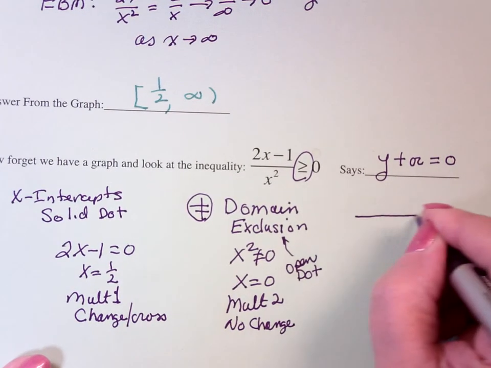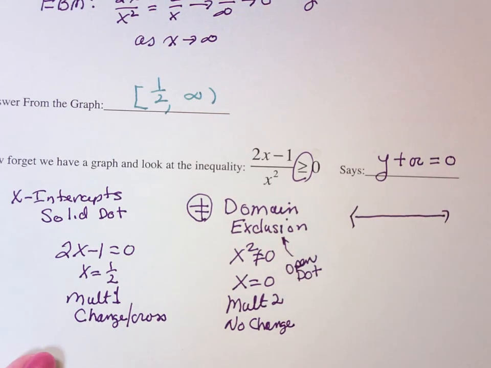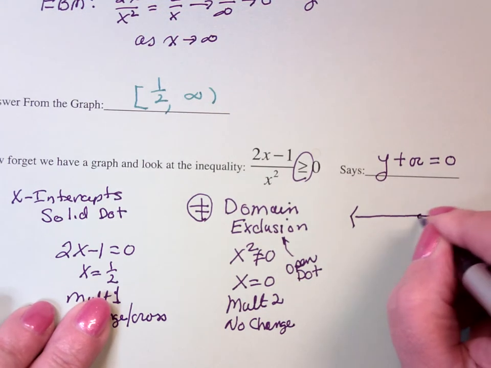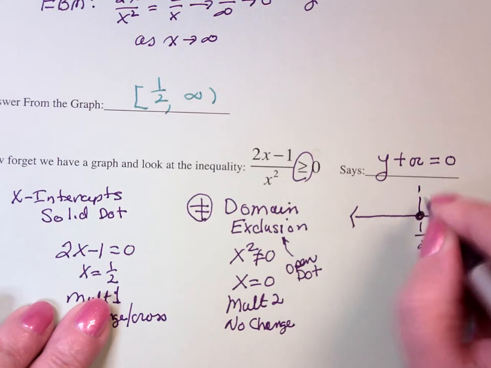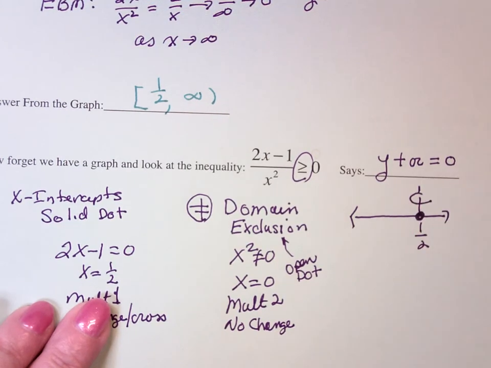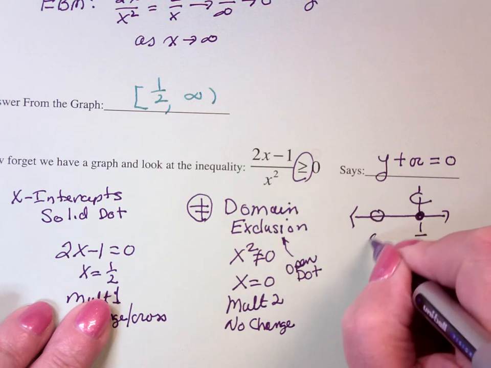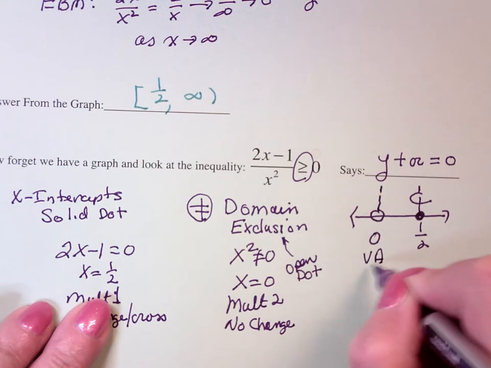Then we go to the number line. On the number line, I put the x-intercept, which is a solid dot because it includes. And there's a change, or the graph crosses. And at 0, there's an open dot because that's the VA.